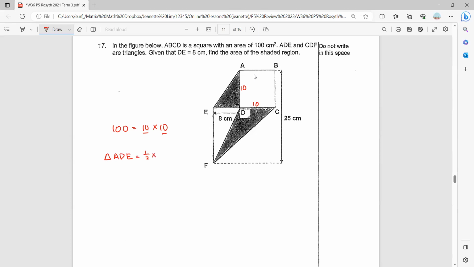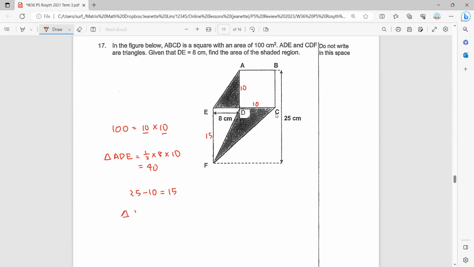Half times 8 times 10. 40. Then this triangle, base is 10, height is EF. So how much is EF? I'll take 25 minus 10 to get the height. So this is 15, which is the height of CDF.